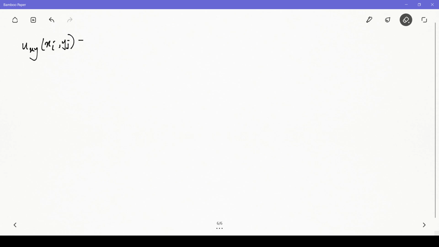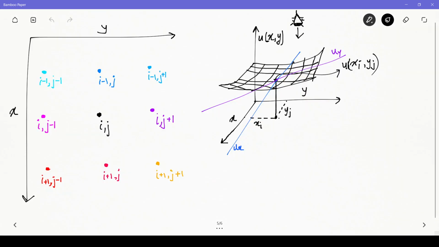So we say that this thing has an approximate value of the, so of course, if you go back, we are going to have to use the central difference formula two times, right?